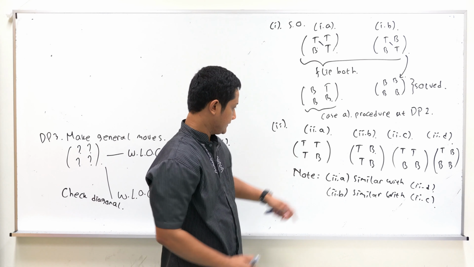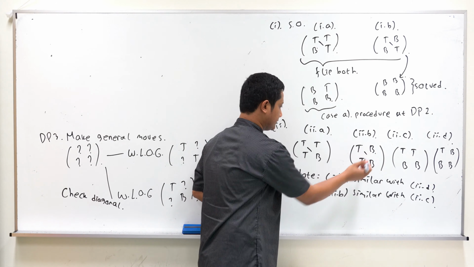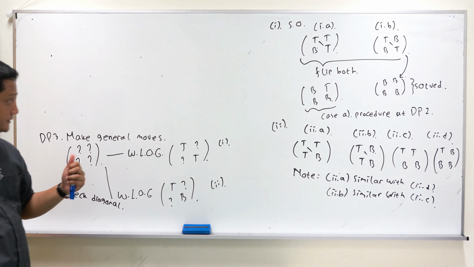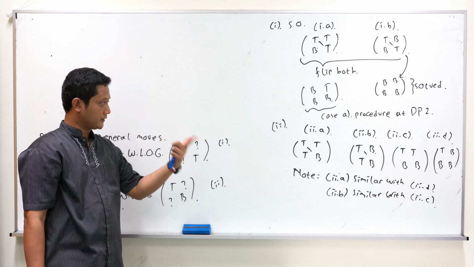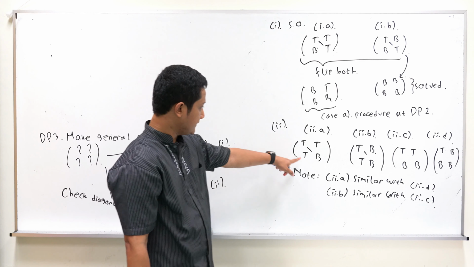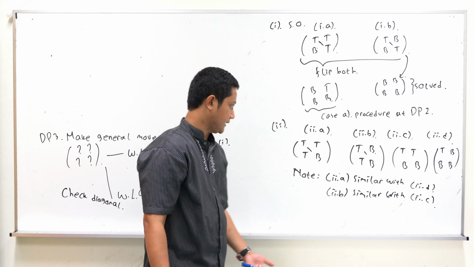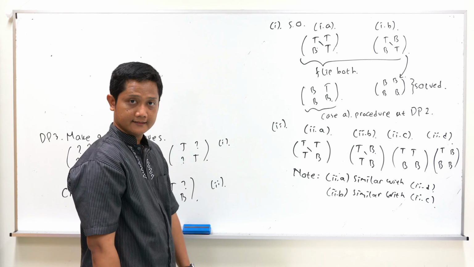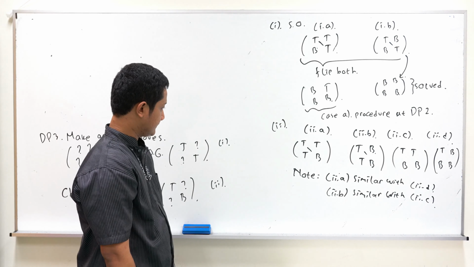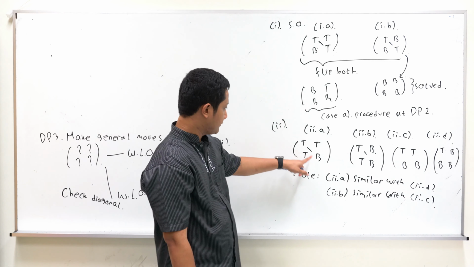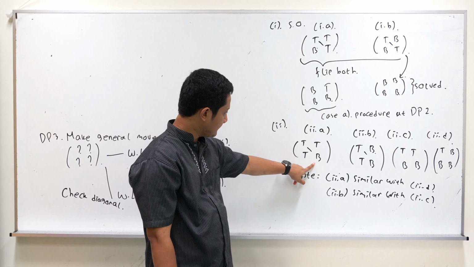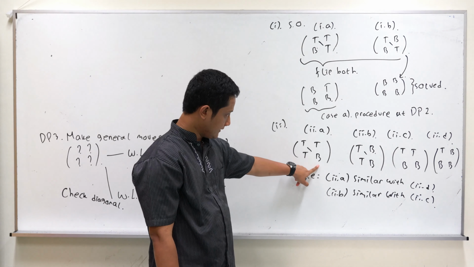Okay, so what happens here? We check diagonal. We know these two. Which one is better? Flip one or flip both or do nothing? If we do nothing, yeah, we cannot get anything. Okay. If we flip both, what happens? This one becomes B, this becomes T. Case 1.